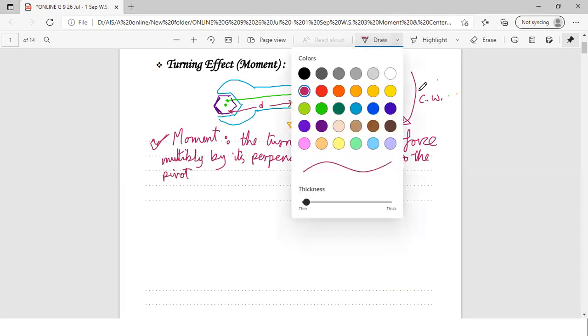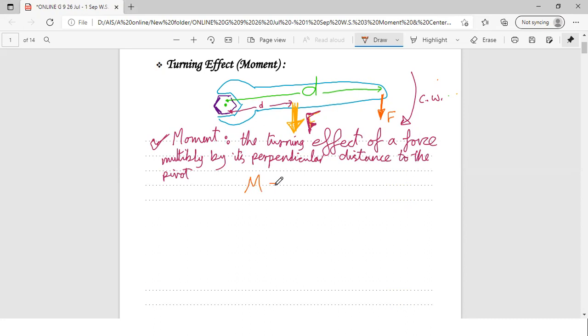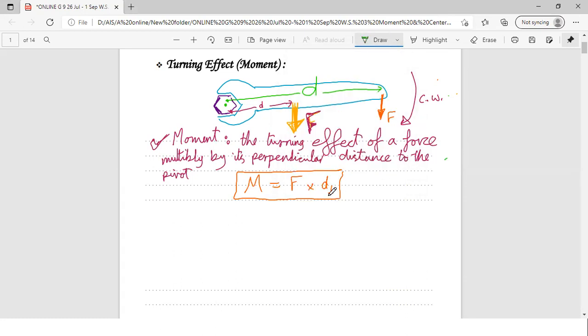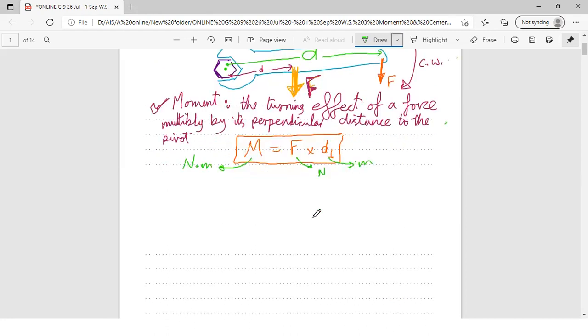So what is the formula here? The formula here: moment equals force multiplied by perpendicular distance. And we have to know that the distance is in meters, the force in Newtons, and the moment is in Newton meters. Good so far?